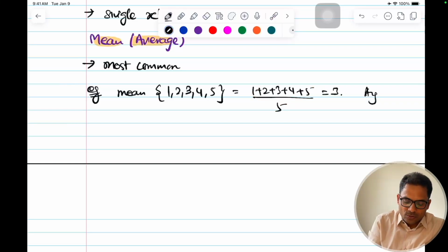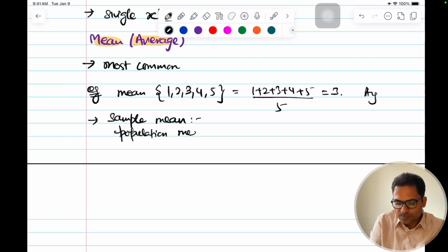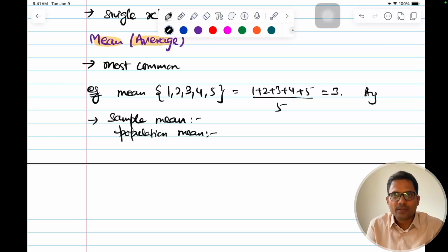If we go further, there are two kinds of means. One is the sample mean, where we take a sample as a representative of the population, and the other is the population mean, which is for the complete population. For example, we say that the average height of Indian people is 5 feet 6 inches.